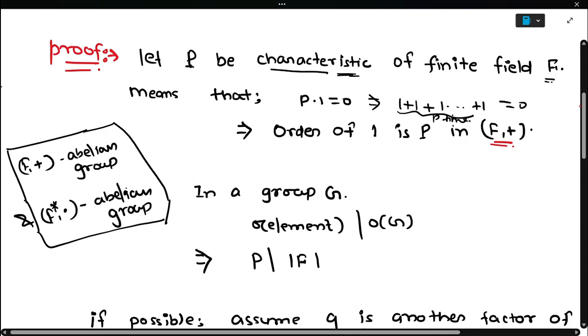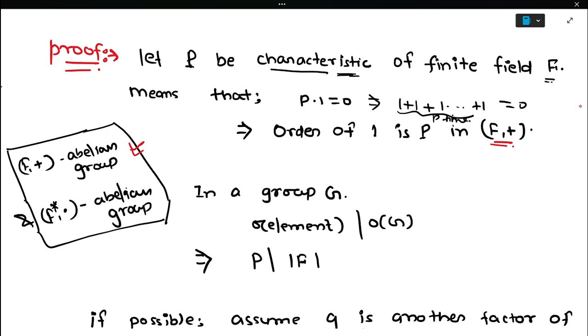What is a field? We will see the definition in ring theory: (F, +) is an abelian group, and (F*, dot) is also an abelian group. So with respect to plus it is an abelian group, and the order of 1 is p.